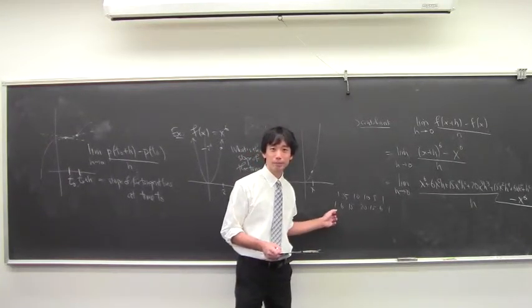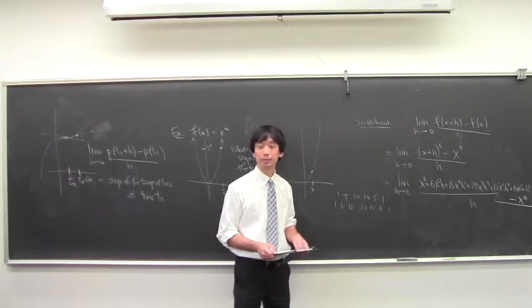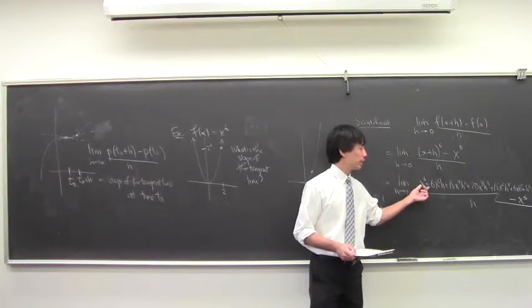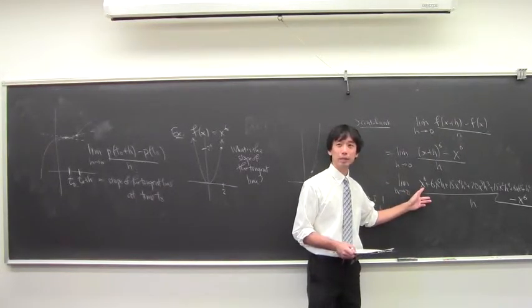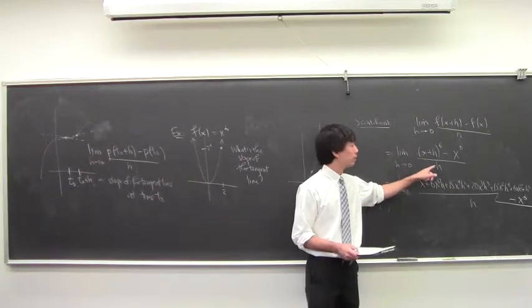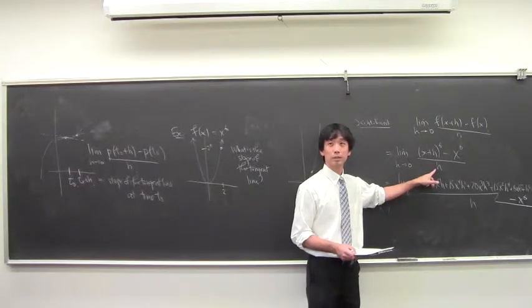Okay, so yeah, Nico. Why can't you say, as h approaches 0, it's just going to be x to the 6th? Well, you've got x to the 6th over h, right? So as h goes to 0, what happens to that? Why can't you say h is going to 0, so (x plus h) to the 6th is going to be more like x to the 6th?